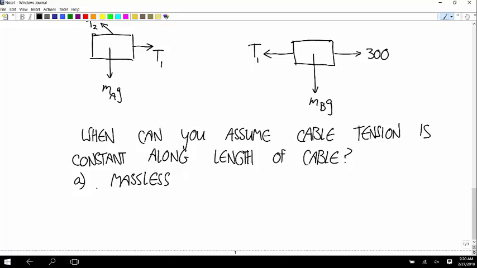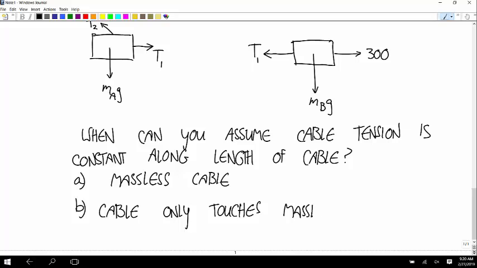And then also, this is a massless cable, and it also requires that the cable only touches massless, frictionless pulleys.